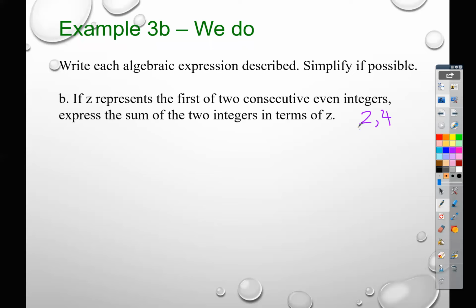Obviously you don't know what these are, it's saying express them in terms of z. All right, so if I let 2 equal z, then 4 would be z plus 2, because 2 plus 2 is 4. Now it wants me to express their sum, so I'm writing the first number plus the second consecutive even integer, and if I add those, I would get 2z plus 2.